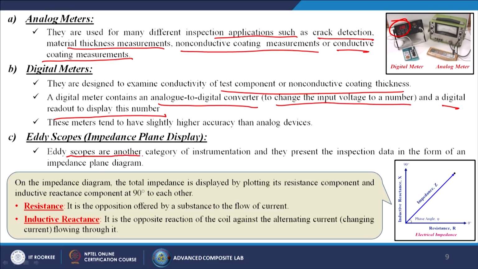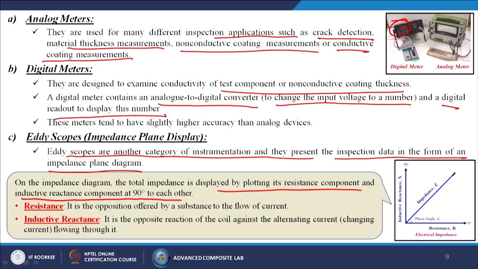Eddy scopes are another category of instrumentation, and they present the inspection data in the form of an impedance plane diagram. On the impedance diagram, the total impedance is displayed by plotting its resistance component and inductive reactance component at 90 degrees to each other.